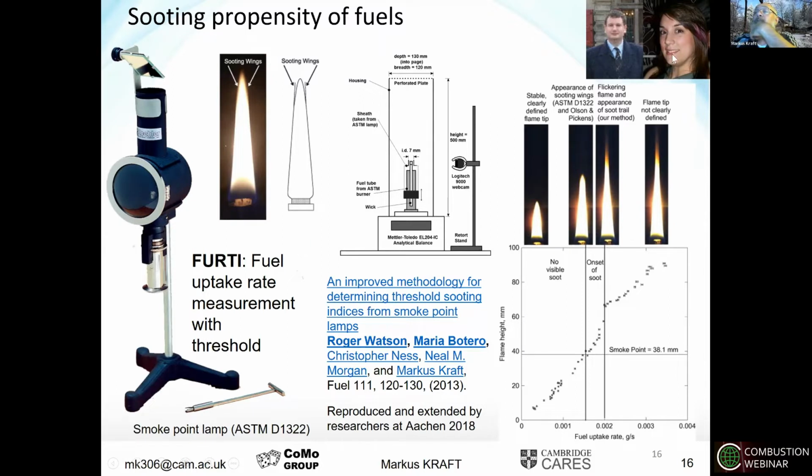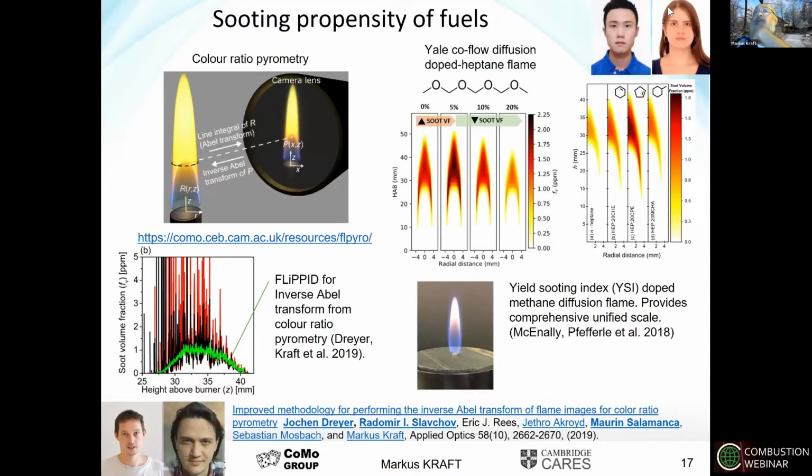Here, this is Roger and Maria, who will play an important role in this talk. And then more recently, we've been looking at powder fuel and the role of 5-member rings in combustion. And you will see later in the talk why we were looking into 5-member rings.